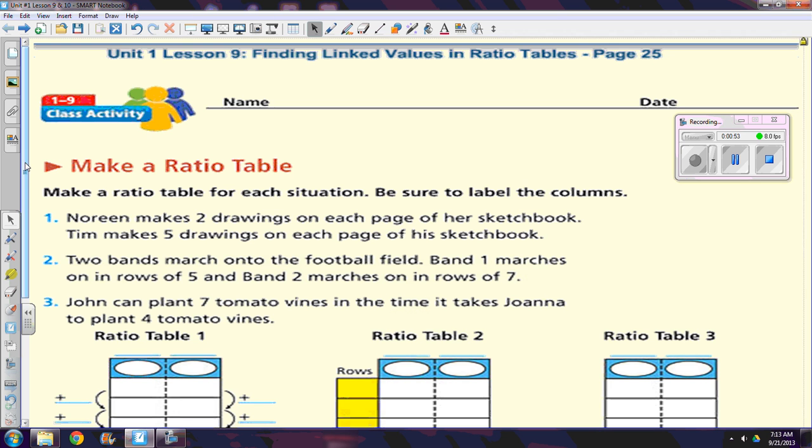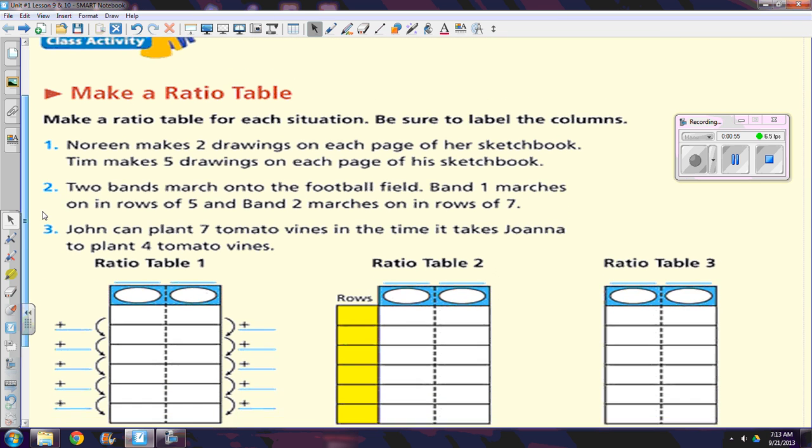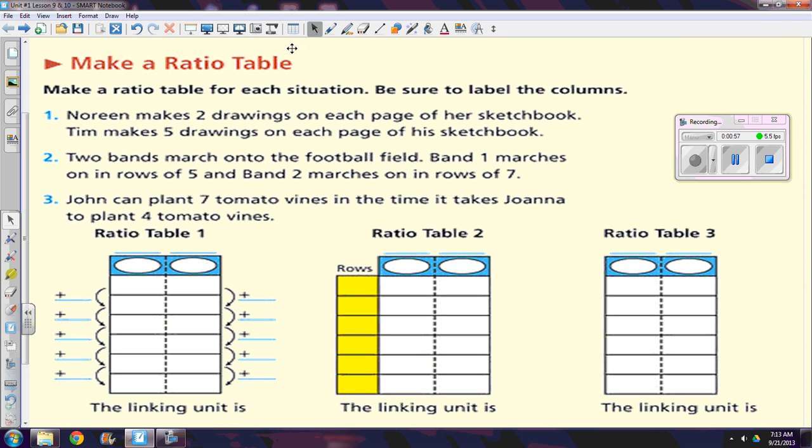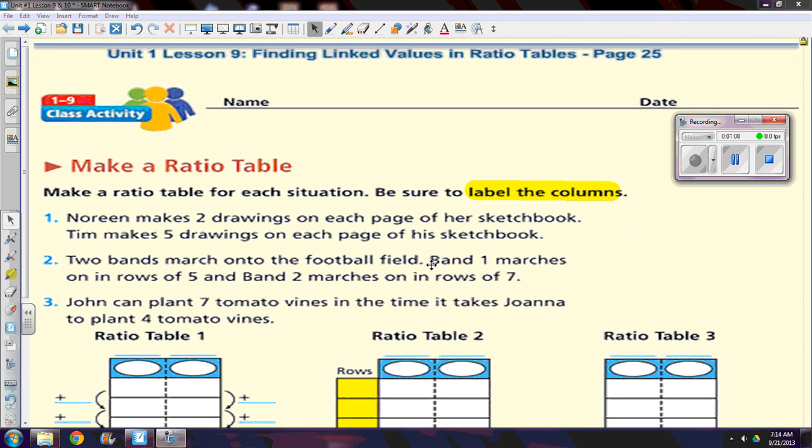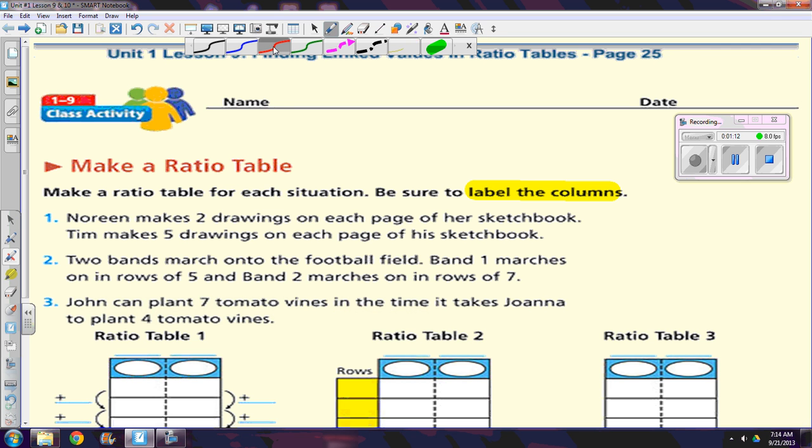So for number 1, I'm just going to move down here a little bit. We have 2 columns. It wants us to label the columns. So if you look at column 1 and column 2, that's where we will start. All right, so we have Noreen for column 1. So let's go ahead and add Noreen.